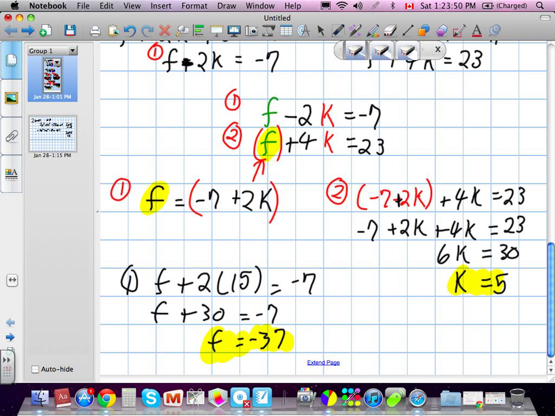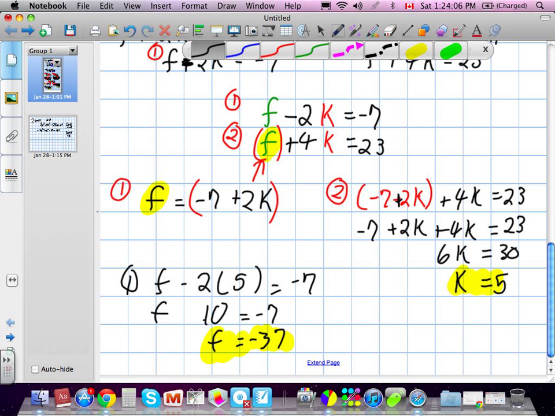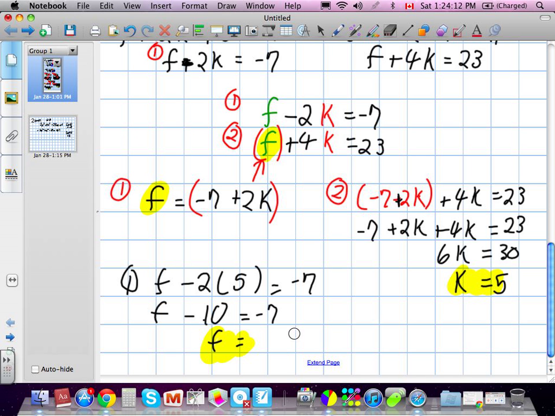We plug 5 in very quickly. 5 gives us 10. Again, sorry, we plug this in. This equation should read negative. So we have negative 10. When it comes over, is the answer 3? Yeah. Answer should be 3. Okay.